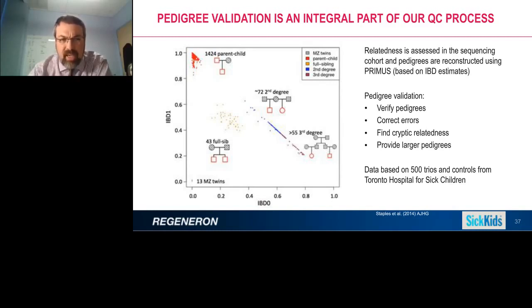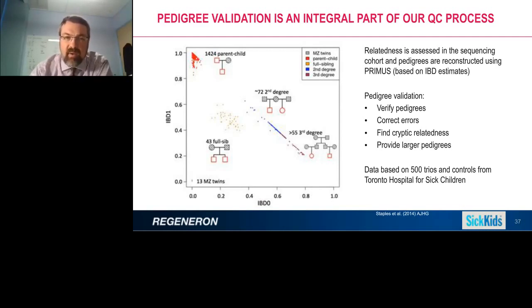In the upper left, at 100% IBD1 on the y-axis and 0% IBD0 on the x-axis, you have parent-child relationships, and then on down that diagonal towards 2nd degree and 3rd degree, and you can see the cluster of full sibling relationships where you have 25% IBD0 and 50% IBD1.